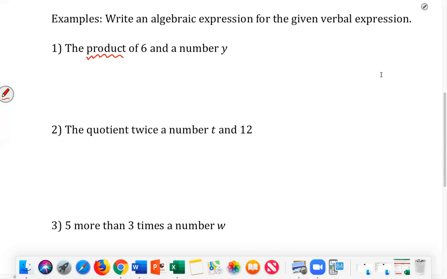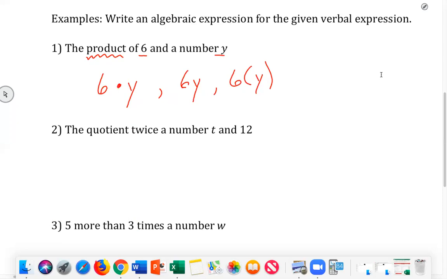So I'm going to multiply my next 2 things. Here are the next 2 things. So multiply 6 and y. I could write it as 6y, or I could get fancy and write 6 parentheses y. But any way you want to write multiplication is fine with me. I actually prefer the middle one the best.